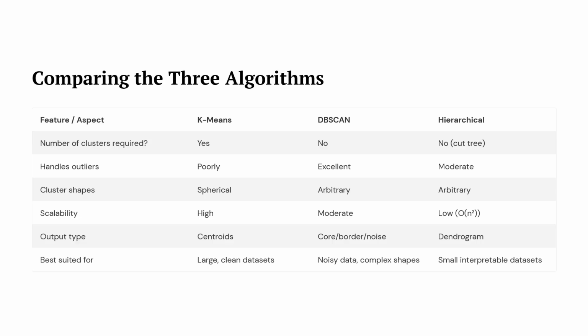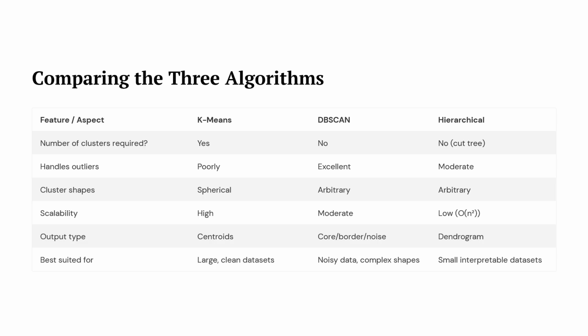Now that we have explored all three algorithms, let us compare them side by side. K-means is simple and super fast, but it needs you to decide the number of clusters upfront, and it struggles with outliers or odd shapes. It is best for large clean datasets with spherical clusters.